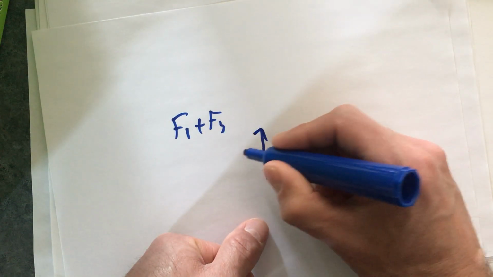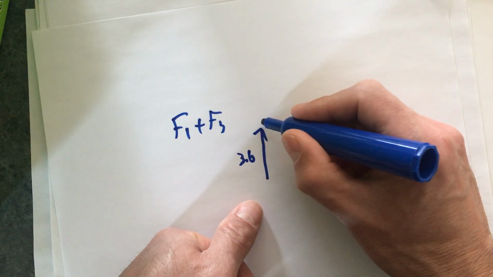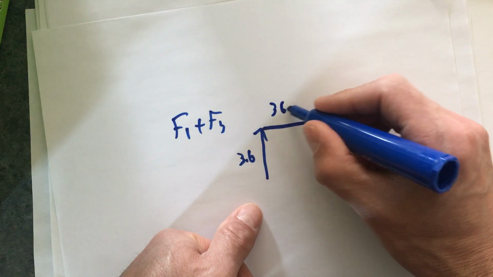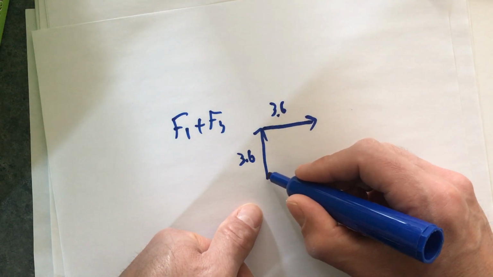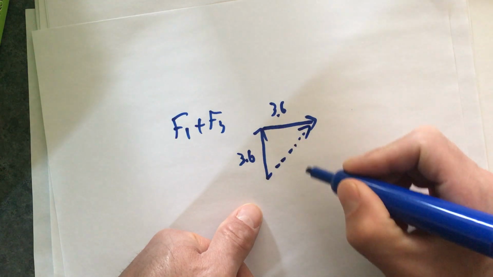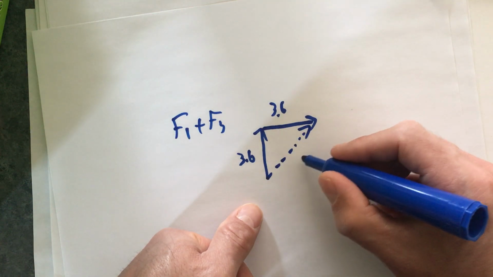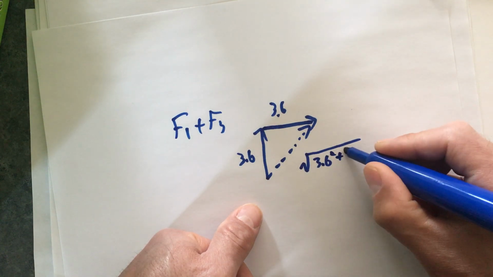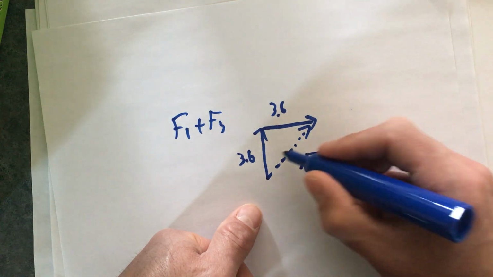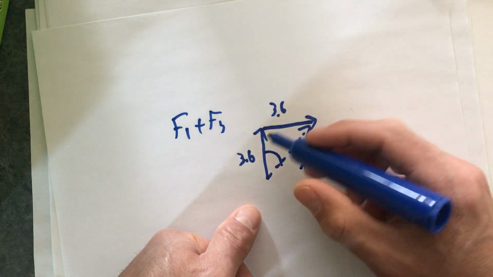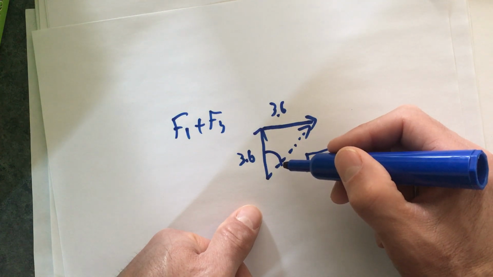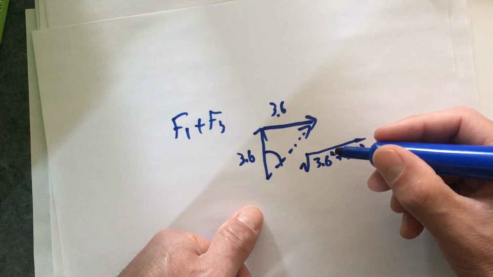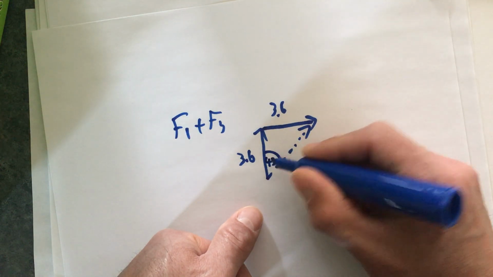Force 1 is 3.6 newtons forward, and force 3 is 3.6 newtons to the right. So the resulting force, when I put these tip to tail, is going to have a magnitude that's the square root of 3.6 squared plus 3.6 squared. And its direction, you can see the symmetry here. If you're unsure of yourself, the inverse tangent of 3.6 over 3.6 is the inverse tangent of 1, which is 45 degrees.